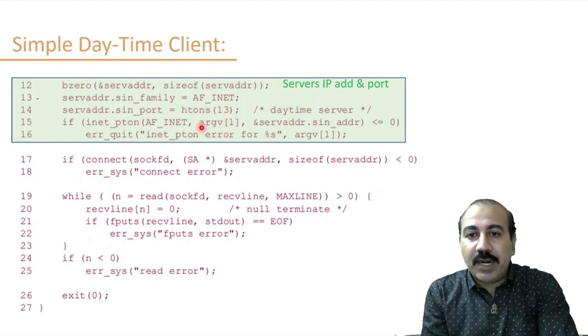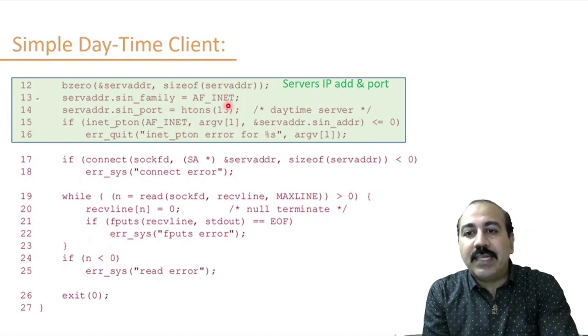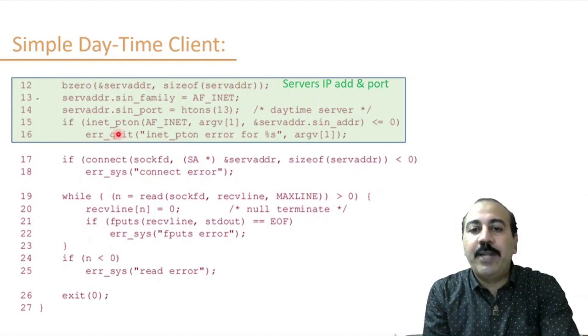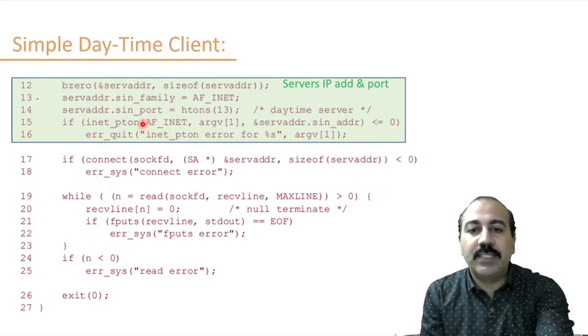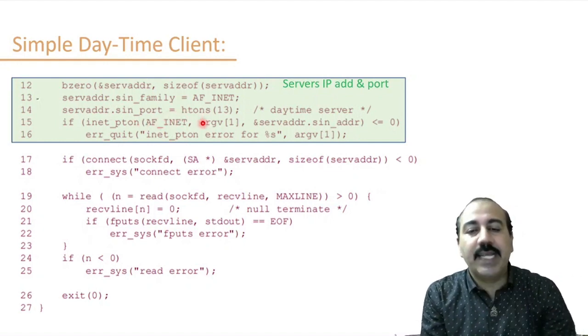So this command line argument will hold the IP address of the server, and that IP address and the family name is assigned to this server sin_addr. So this is the source and this is the destination for the function inet_pton. Okay, htons and pton, we'll study that in detail later.